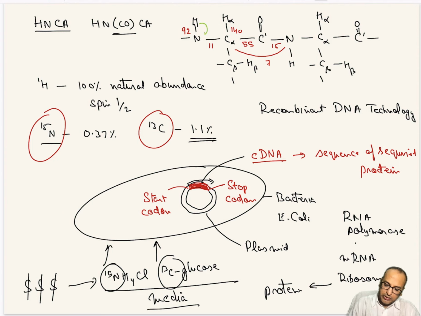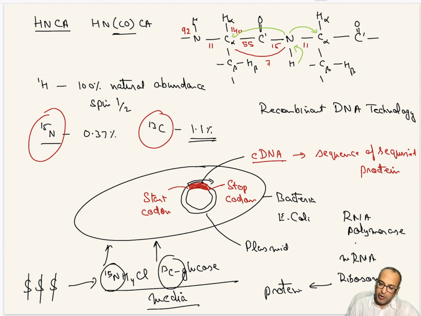So proton to nitrogen, from nitrogen to C alpha, and this C alpha also, because the coupling constant in this one is 11 hertz and this one is 7 hertz. So the INEPT delay would not be able to differentiate whether the magnetization is getting transferred from nitrogen to its own C alpha or to the C alpha of the previous residue.